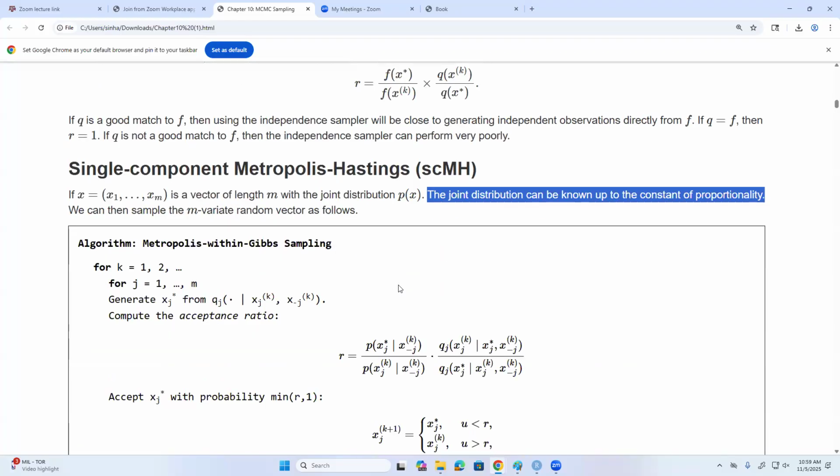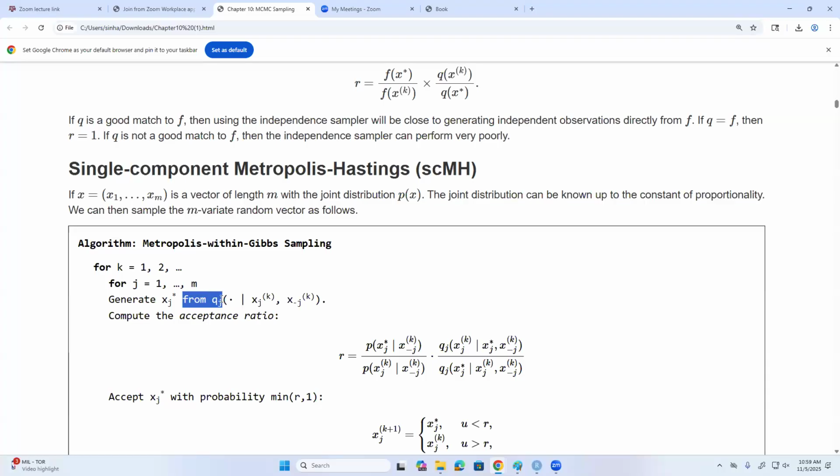And this is the algorithm: for k equal to 1 to ..., k represents the number of iterations, how many times you want to repeat this procedure. For j equal to 1 to m, m is the number of components of the vector, generate xj star from qj. This is a proposal distribution for that jth component.